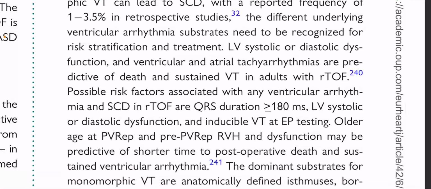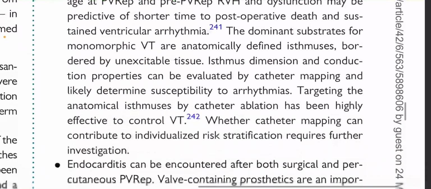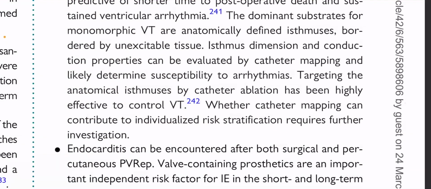Older age at PVR and pre-PVR RV arrhythmias and dysfunction may be predictive of shorter time to post-operative death and sustained ventricular arrhythmias. The dominant substrates for monomorphic VT are anatomically defined isthmuses bordered by unexcitable tissue.